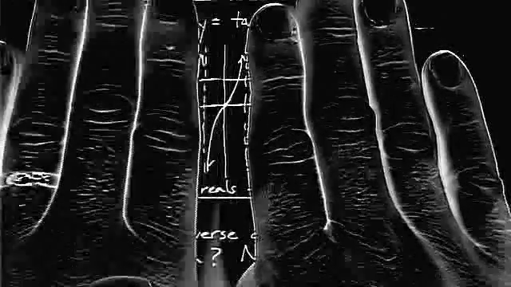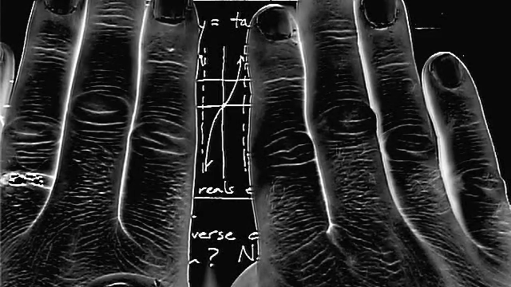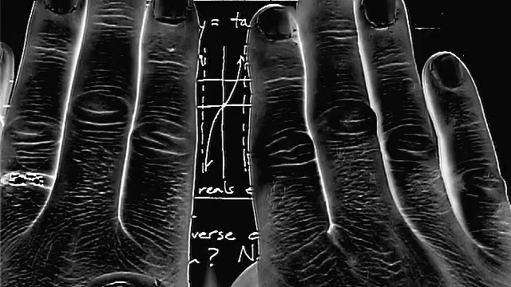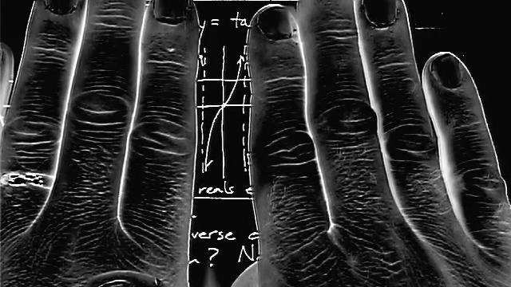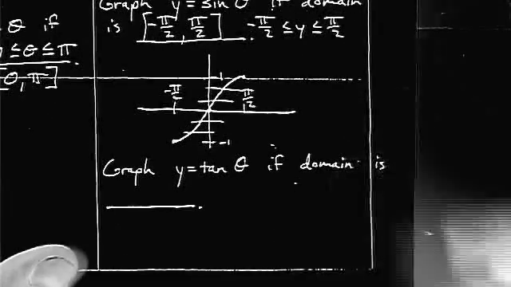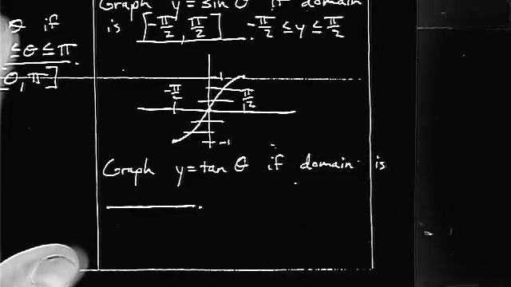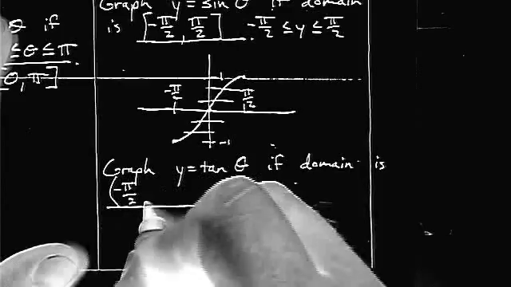So we'll go back here, and we will use from negative pi over 2 to pi over 2, but we won't include the endpoints, right, because those are vertical asymptotes. But that's what we're going to restrict the domain to. So we're going to chop off most of that and throw it away. So what does the tangent look like if the domain goes from negative pi over 2 to pi over 2?